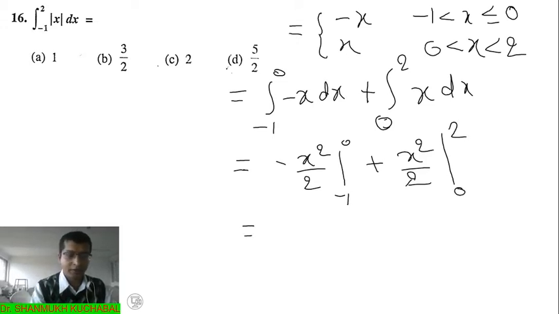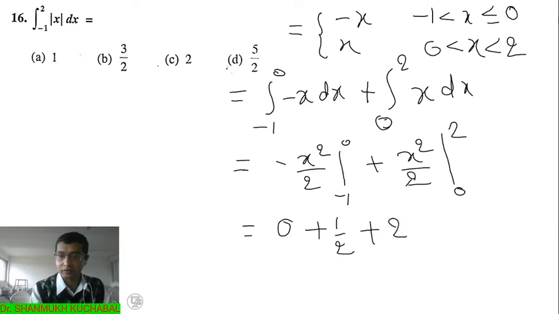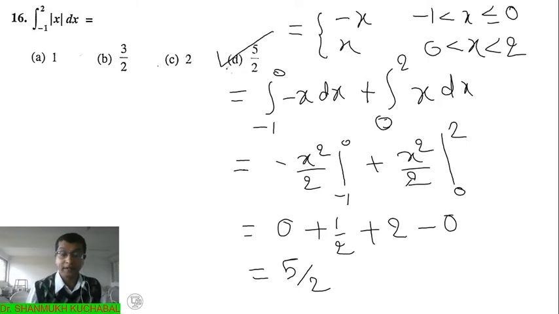Further we put the value of x equal to upper limit, we get 0, and x equal to lower limit, we get plus 1 by 2. Then x equal to upper limit 2, 2 square is 4 by 2, that is 2, minus the lower limit 0, so 1 by 2 plus 2. Simplifying we get the answer as 5 divided by 2. Therefore option D, 5 divided by 2, is the right answer.